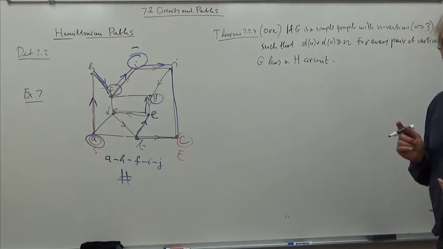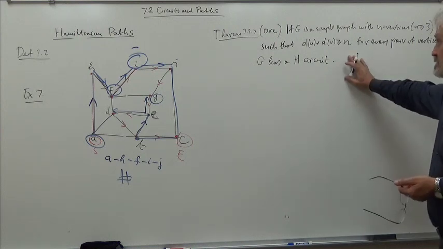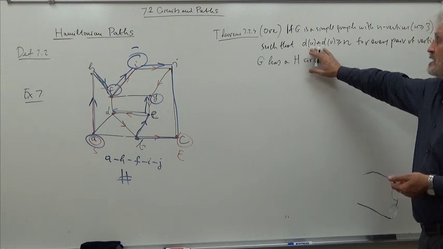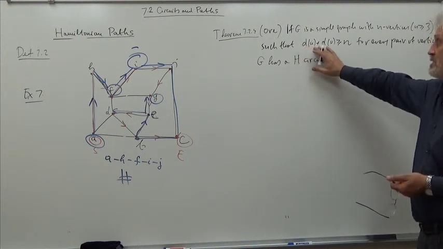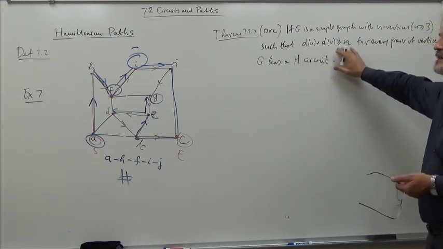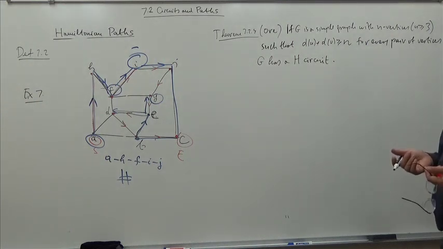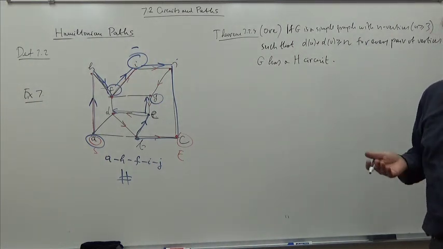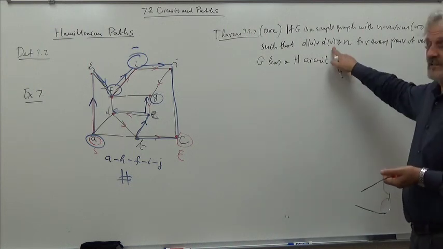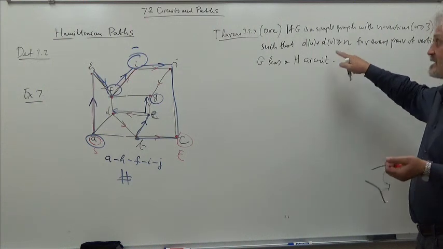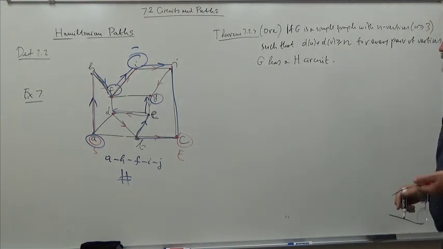Be careful, don't use this wrongly. This is a sufficient condition if you have a heavily loaded graph, with generally very heavy degrees. Then if that happens, Hamiltonian is guaranteed. If that doesn't happen, we just don't know. Don't assume that if a graph doesn't satisfy this, then it doesn't have a Hamiltonian. That would be the wrong way to use logic.